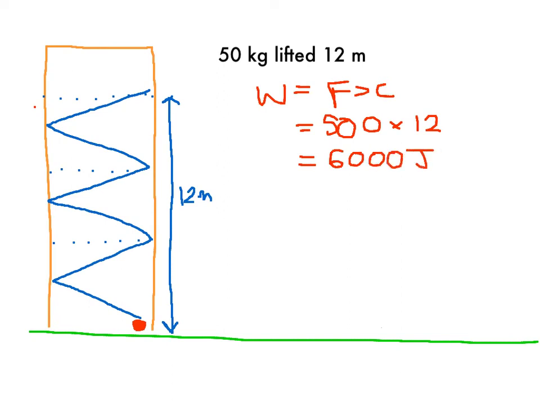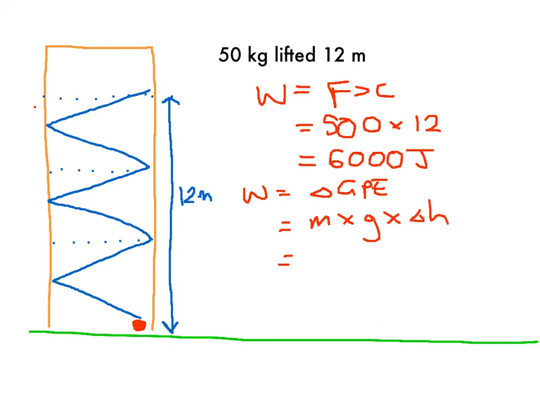Another way we can calculate this would be work as a change in energy. So the work could be the change in gravitational potential energy. These boxes, by being lifted up to the 5th floor, are gaining a certain amount of gravitational potential energy. If we define their GPE down here as 0, then the gravitational potential energy will be their mass times gravity times the change in their height.